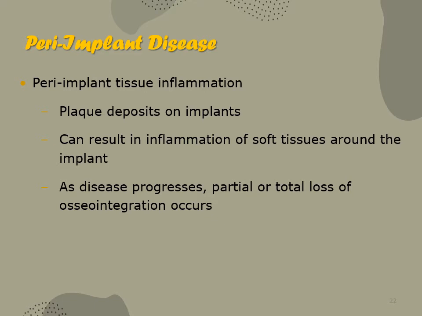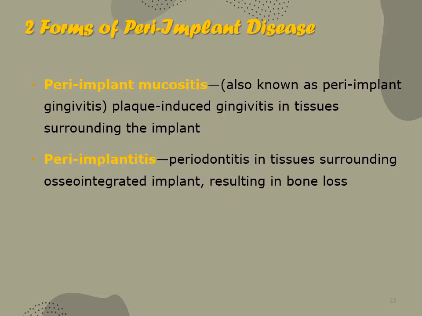Peri-implant disease, so peri-implant tissue inflammation. Here we're going to see plaque deposits on the implant that can cause inflammation of the soft tissue or the gingiva around the implant. And as the disease progresses, partial or total loss of osseointegration can occur. There's two forms of peri-implant disease, just like periodontal disease.